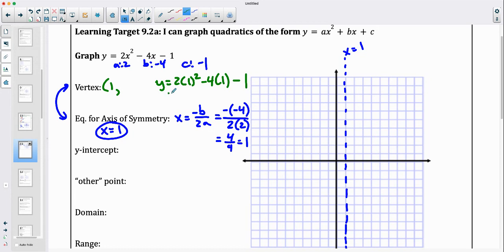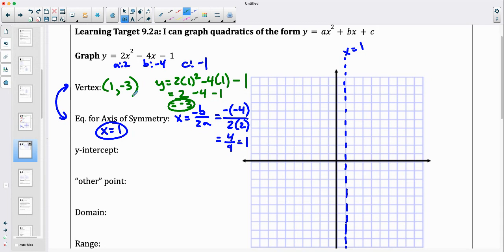When we do that, we have to do the 1 squared first. That's the first thing in our PEMDAS order of operations. 1 squared is 1 times 2 is 2. Negative 4 times positive 1 is negative 4, and then we have another negative 1. So if you subtract 2 minus 4, you get negative 2. Minus 1 more is negative 3. So that's the y value of the vertex. So the vertex is at 1, negative 3.